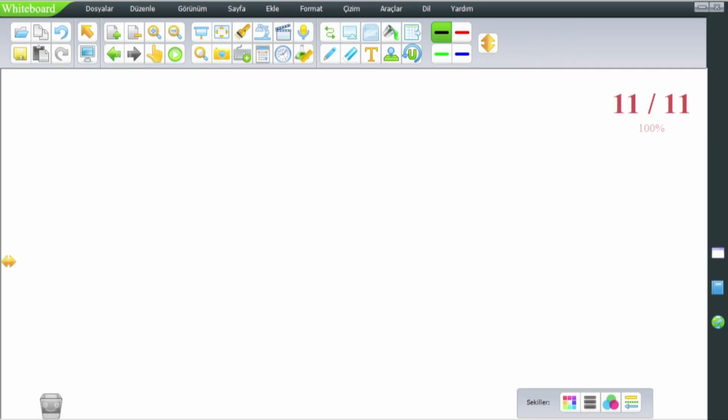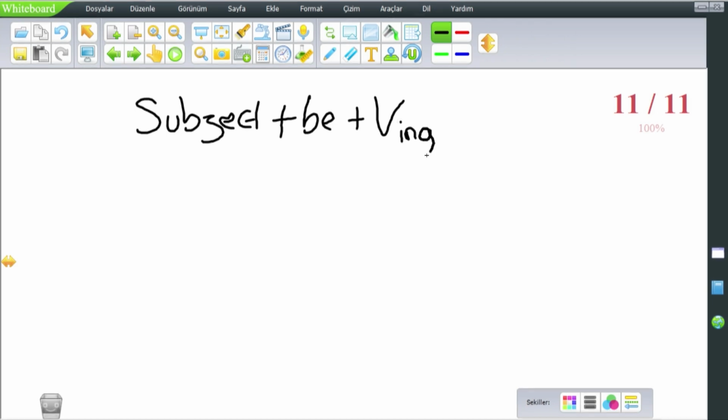O zaman cümle yapımızı hatırlayalım. Subject, be and verb ing. Be'miz öznemize göre çekimlenecek ve sonuna verbimize ing getireceğiz.